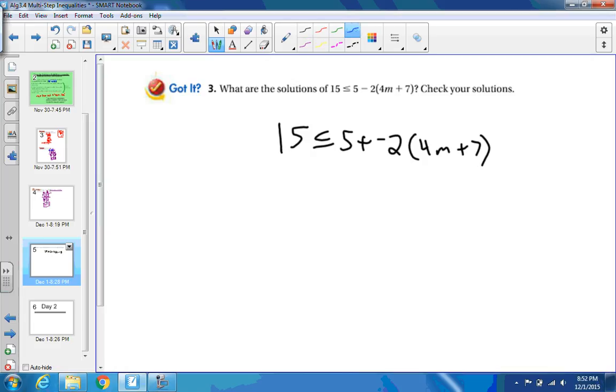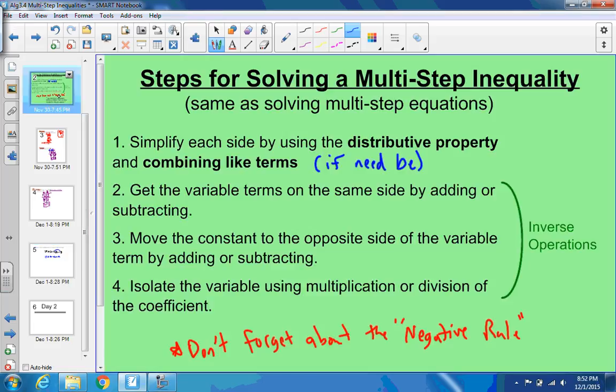So when you distribute that negative 2 to the 4m and to the 7, well, we still have the 15. We still have less than or equal to 5 plus, let's see what's here. Negative 2 times 4m would be negative 8m. Negative 2 times 7 would be negative 14. Now that we're done with, well, we're not done with step 1.